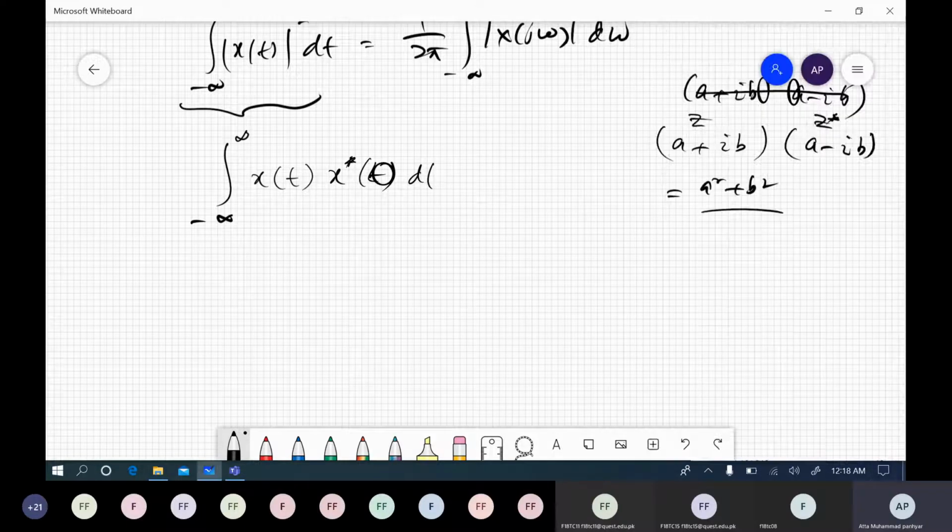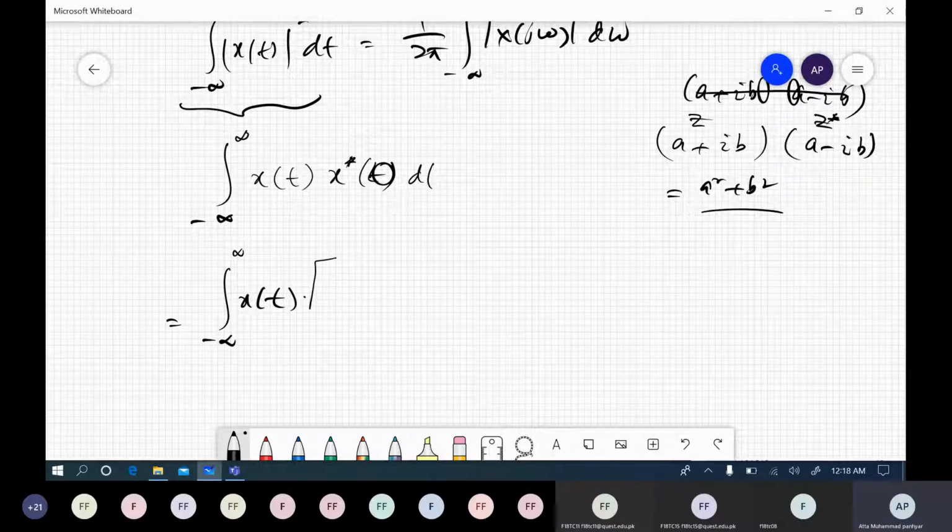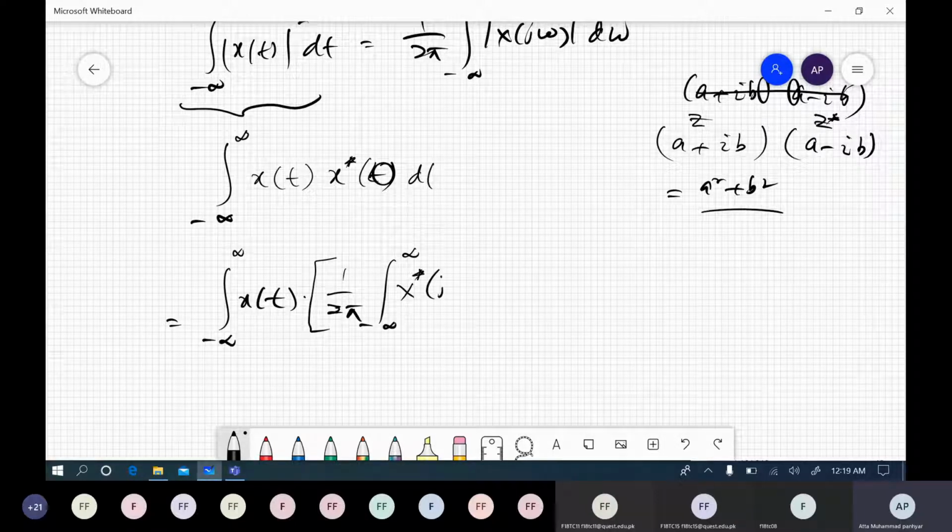What did I do? Okay, so now you can see I can rewrite it as the integral from minus infinity to infinity of x of t times its conjugate, which must be equal to 1 over 2 pi from minus infinity to infinity of X conjugate of j omega e to the power j omega t d omega, and this dt, right?